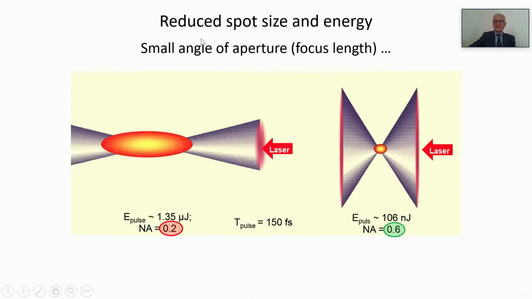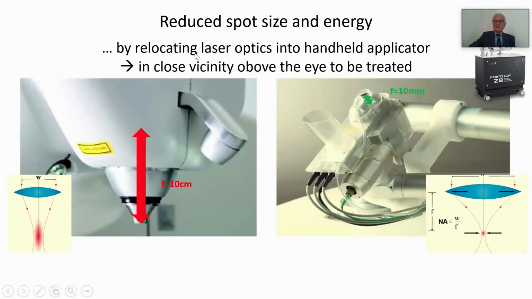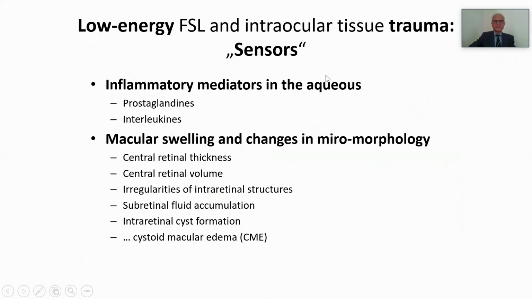This results in reduced spot size and energy. How is this attained? This is attained by reducing the angle of aperture of the focus lens by relocating the laser optics into the handheld applicator in close vicinity above the eye to be treated.